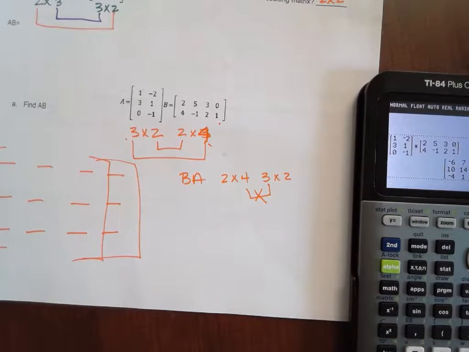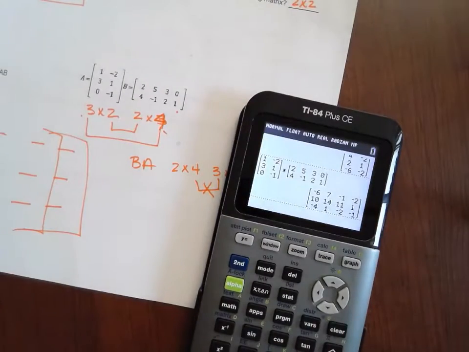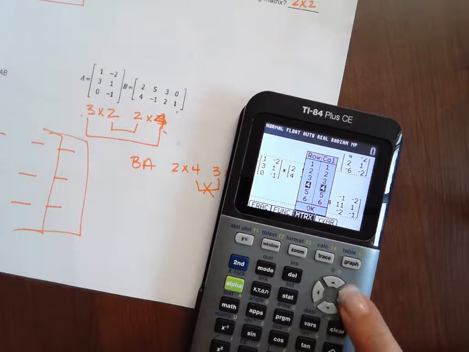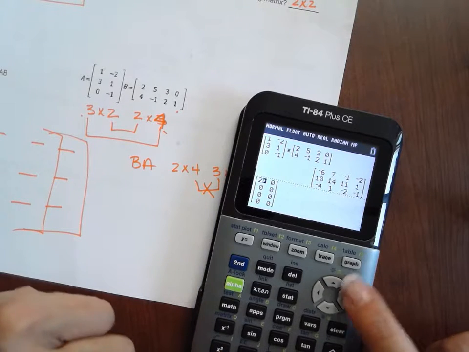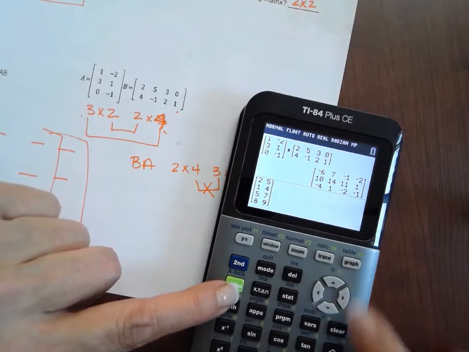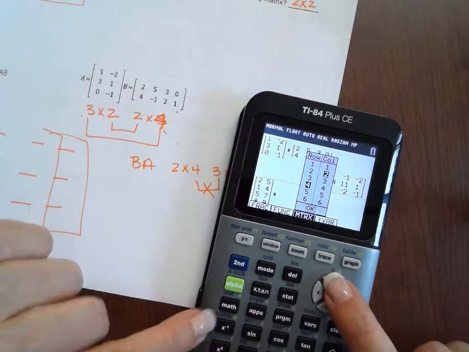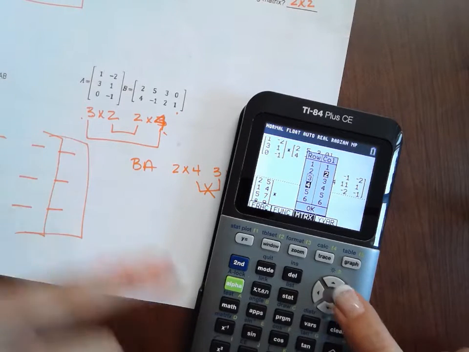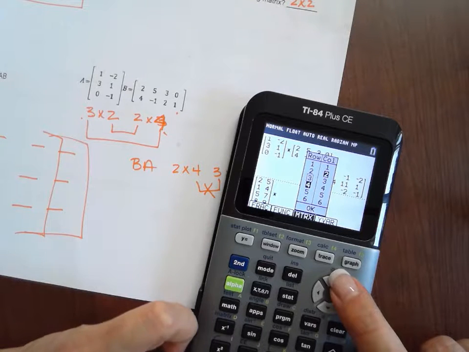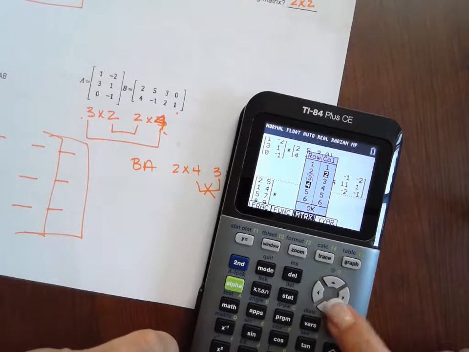What if you forgot that rule and you plugged it into your calculator? What would it look like? Well, let's try it. This time I want a 4 by 2. I guess it really doesn't matter what numbers I put in. And I'm multiplying it by a 3 by 2.